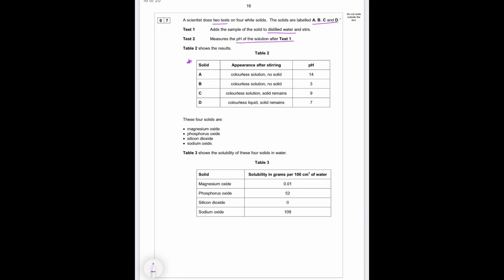Now, the 4 solids that we have are magnesium oxide, phosphorus oxide, silicon dioxide, and sodium oxide. We are also shown the solubility of each of these, and then we've got to try and work out which of these solids are which, and we have 6 marks to do this.